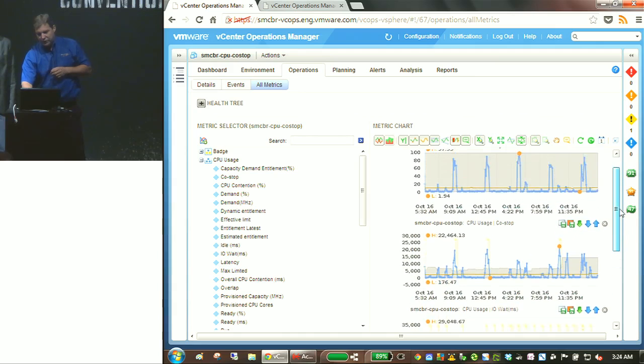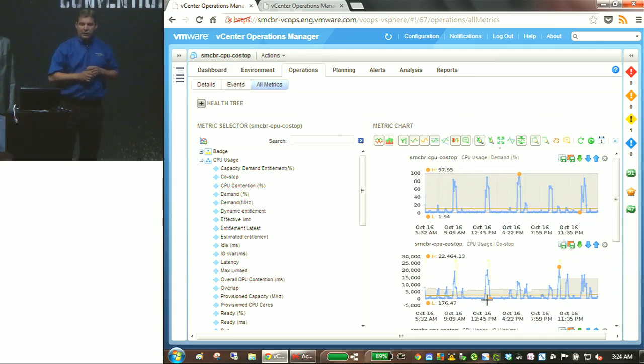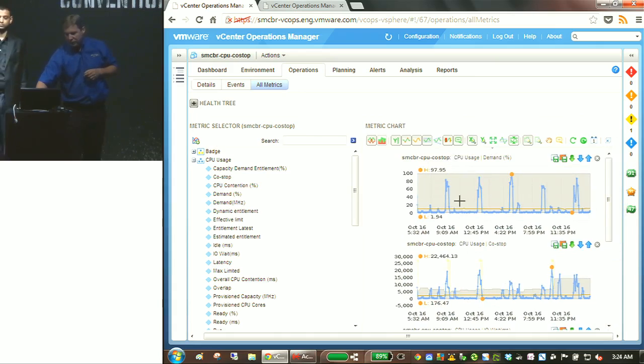One of the metrics is CoStop. So if I have this VM, every time this VM wants to run, right here on this demand, you see the CoStop go up. And actually it's pretty large. 20,000 is a very high number for CoStop. And that's because in this case it's starved. But if I didn't have CoStop, like if I had a single vCPU VM, or I had a host that didn't have this problem of scheduling it, then it's got to be something else.